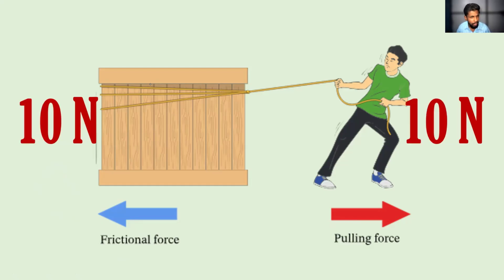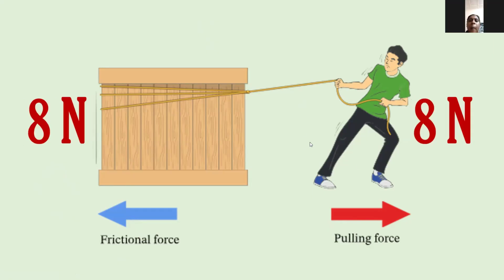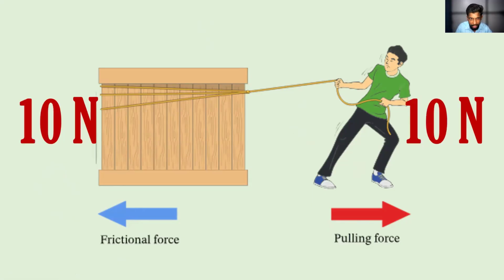Now what happened when you apply 10 Newton? The object will just begin to move. It will never start moving fully; it will just begin to move. Earlier they were applying 7 Newton, 8, 9, 10 Newton.